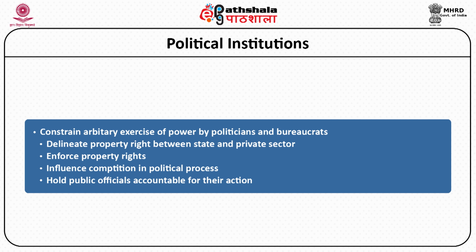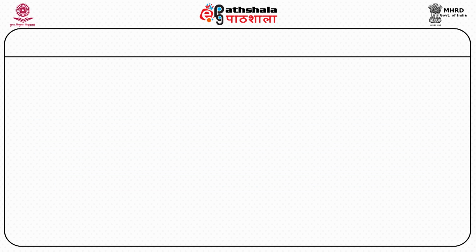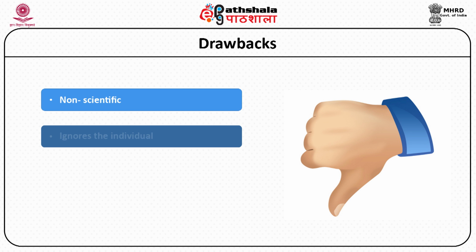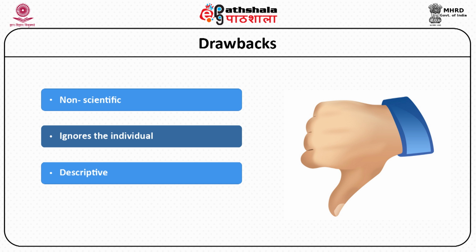Now, the institutional approach, as all the traditional approaches, has been criticized for being non-scientific, for ignoring the individual, placing too much emphasis on the institutions themselves, and like the traditional approaches, this approach is also criticized for being too descriptive and being normative.